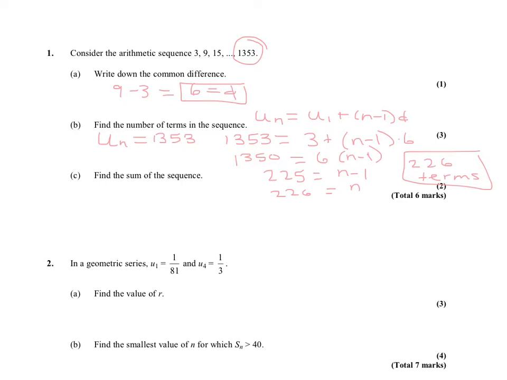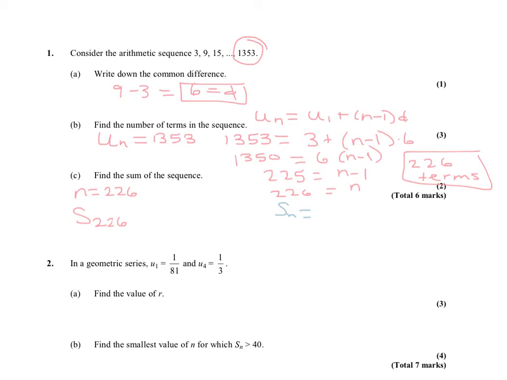Lastly, it says find the sum of the sequence. So if there's 226 terms, then we're going to sum all 226 of them. So n is going to be 226 because we want to find s sub 226. And so I am going to substitute straight in to our s sub n formula. S sub n equals, and we can use either of the two formulas.